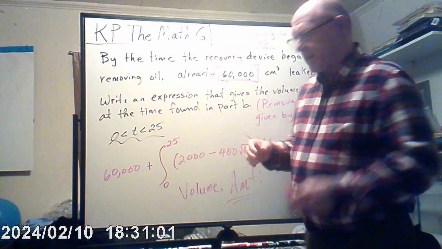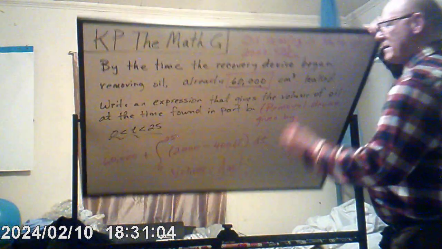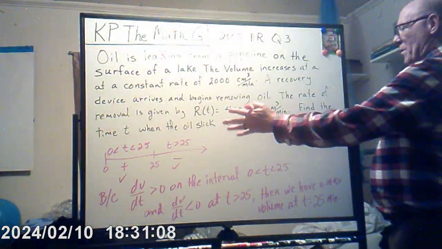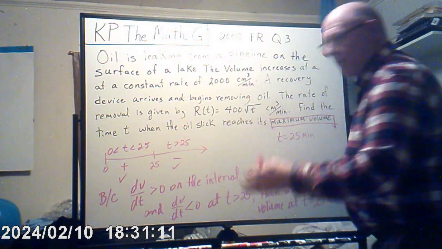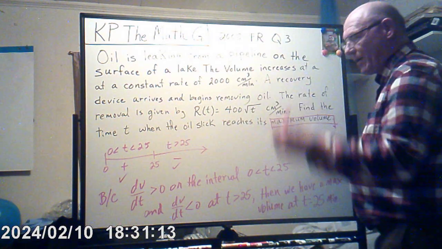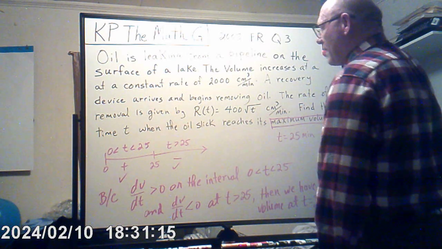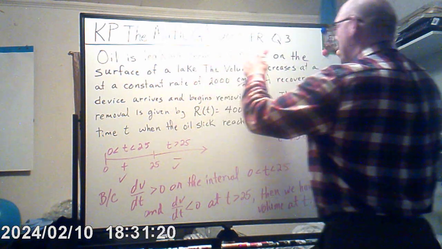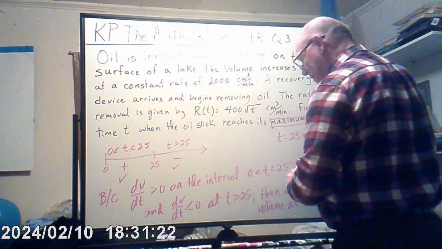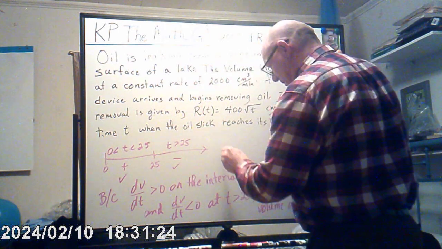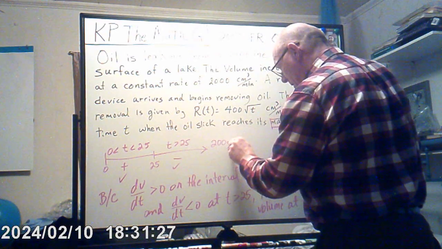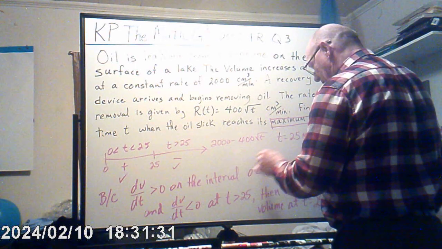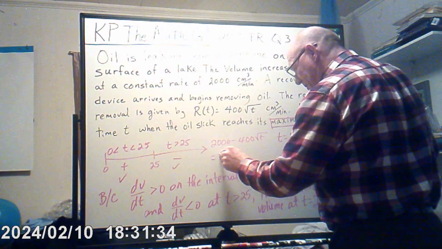And again, I do apologize. So what do we do? Just make sure we understand. We had to have this answer to be able to do the next one. That's sometimes the way it works on these tests. So we had to set 2,000 minus 400 times the square root of t equal to 0.